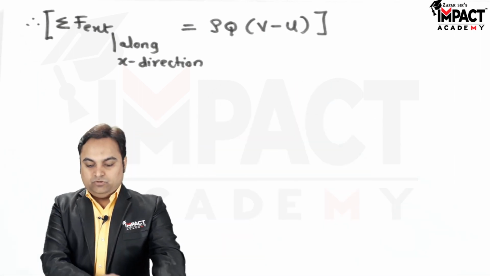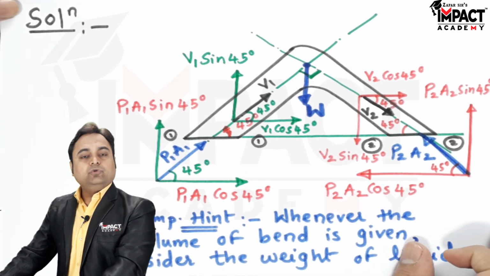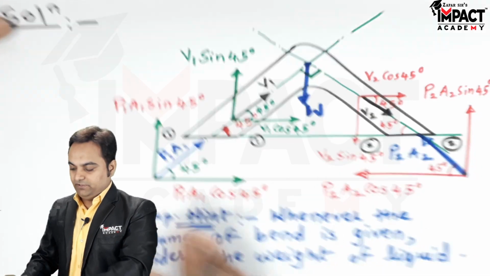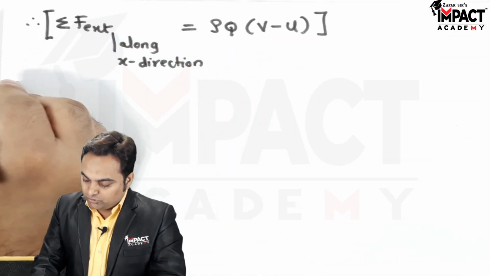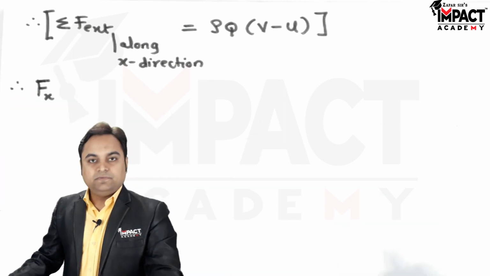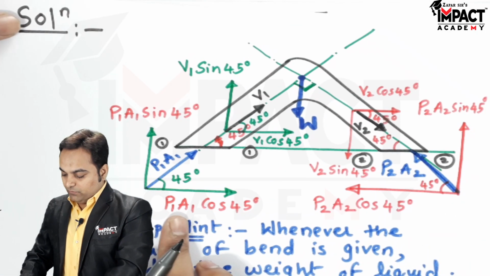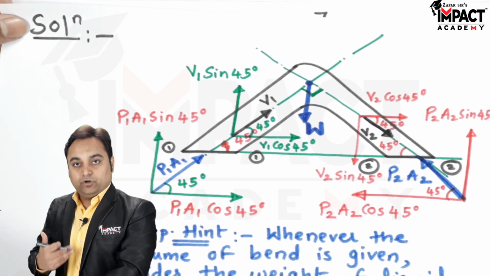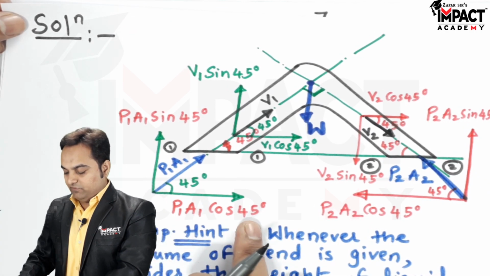Now going into the bend diagram, we have to write first of all the forces here onto the left hand side. So starting with Fx, the component which I have defined, Fx, then here we can see there is a pressure force P1A1, because at first we have to see only the horizontal components. So P1A1 cos 45 acting towards right, so it is positive.